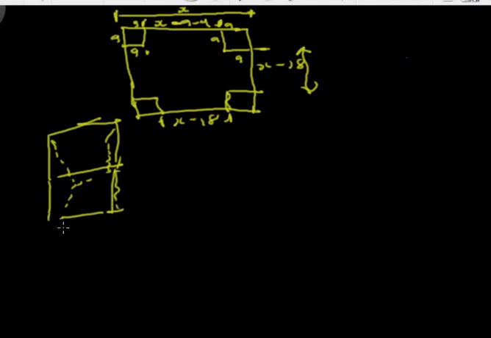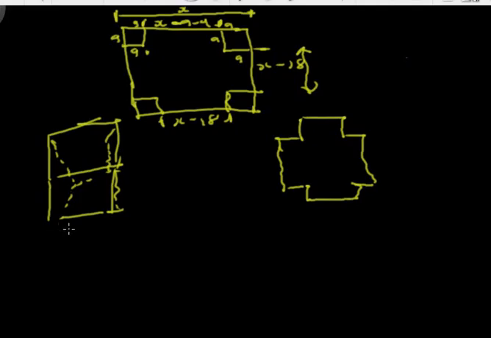So this is your box where, if you join this, suppose you can then join this. Remember, if you remove those corners, you remain with something that looks like this. And then you can join this and this, and then you can join this and that to get your box.